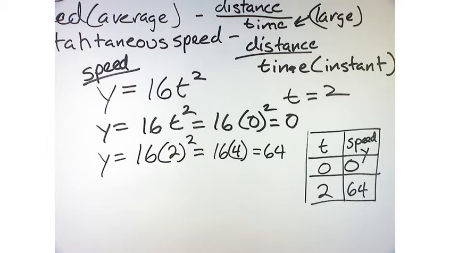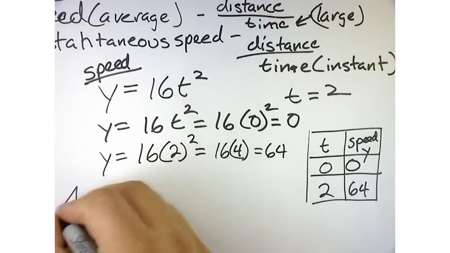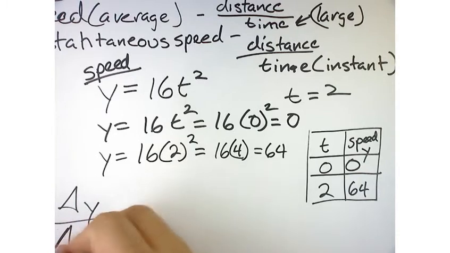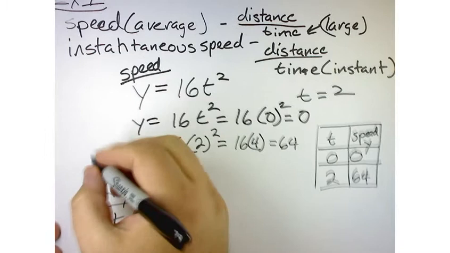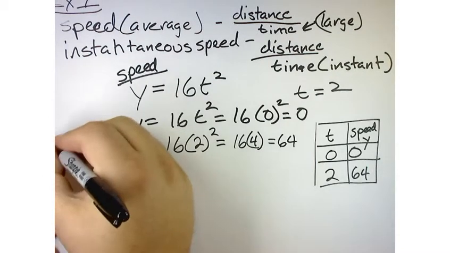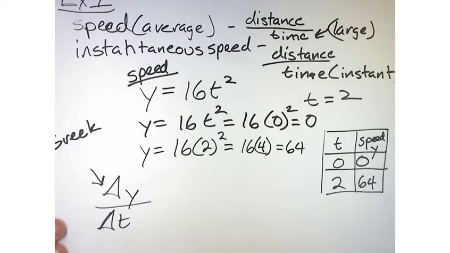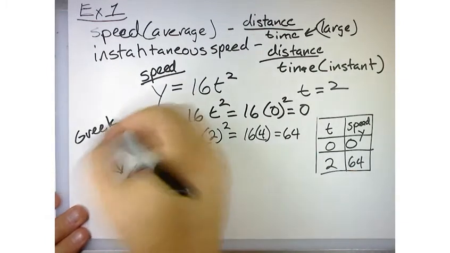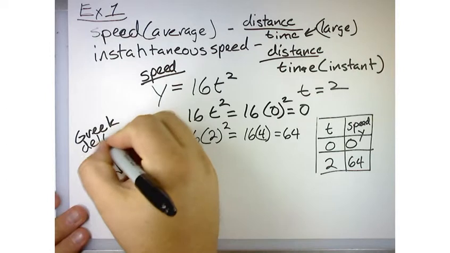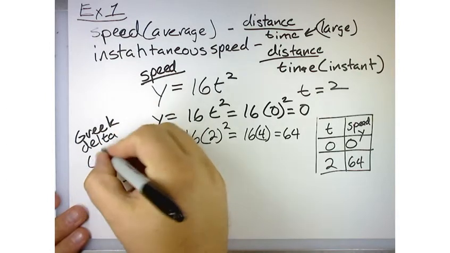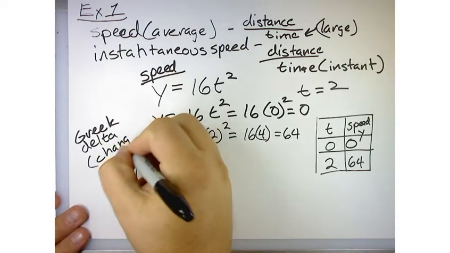Yeah. To be a little more formal, what we would do is we would say delta y over delta t. Who remembers what delta means? Y. Split the difference. Y2 minus Y1. Well, yes, you're both correct. The Greek delta in mathematics always represents change or difference.